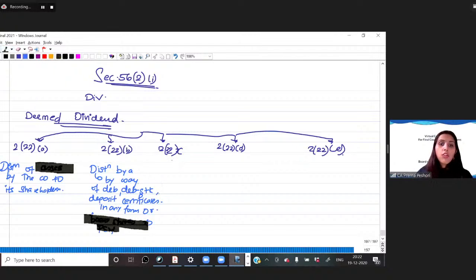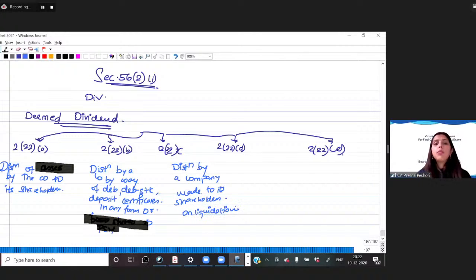222C we have already dealt with while we were dealing with liquidation, 46.1 and 46.2. What is that? Distribution by a company made to its shareholders on liquidation. On liquidation. Remember that.